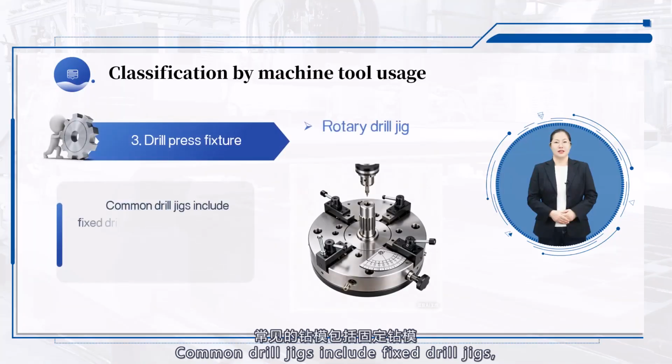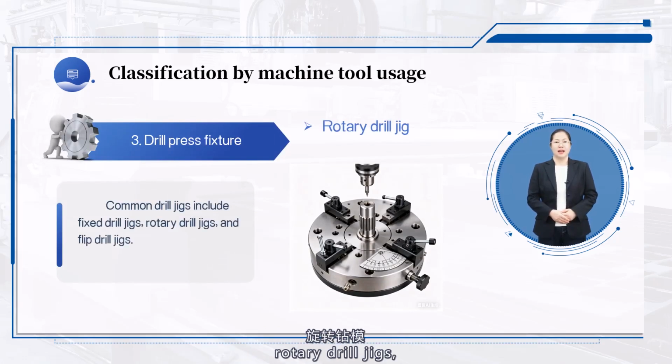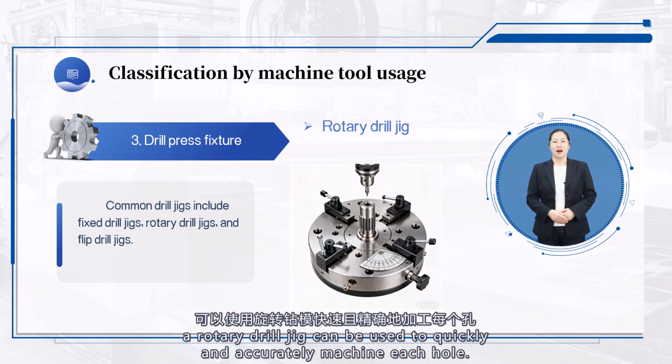Common drill jigs include fixed drill jigs, rotary drill jigs, and flip drill jigs. For example, when processing multi-hole parts, a rotary drill jig can be used to quickly and accurately machine each hole.